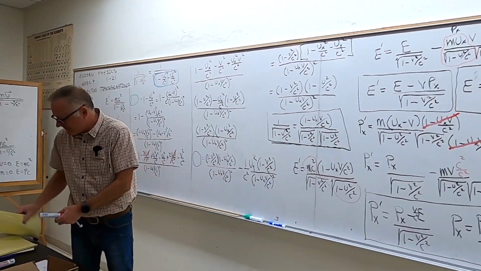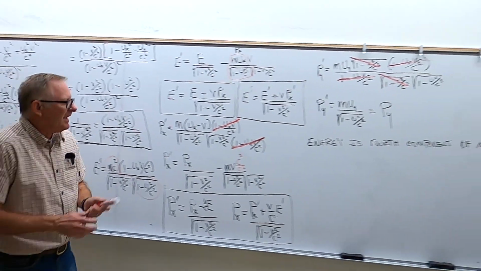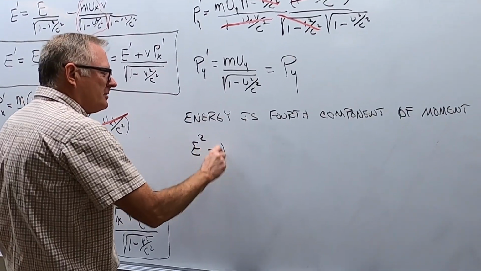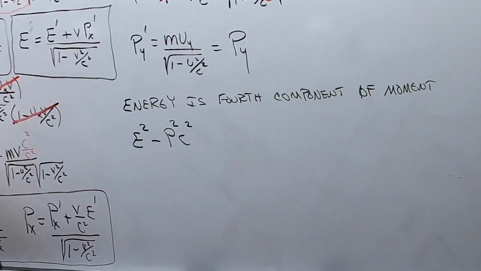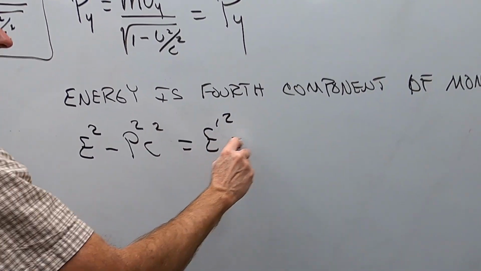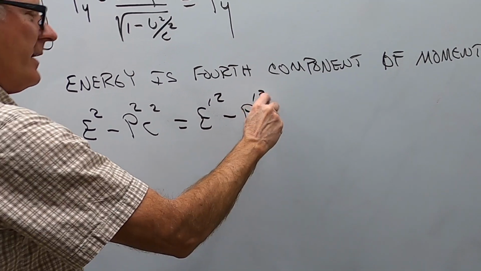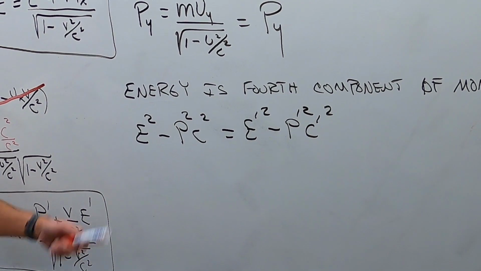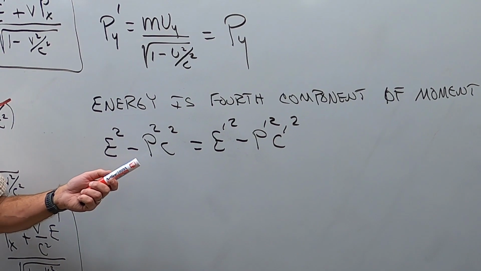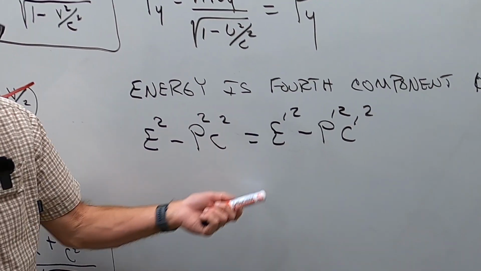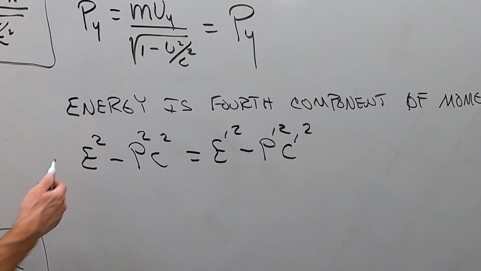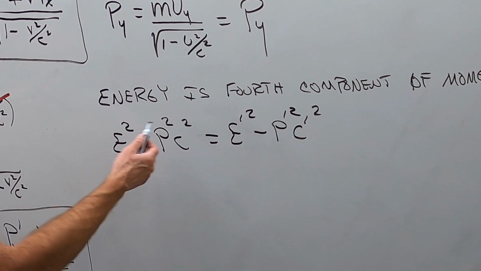Not only that, we can also say that E squared minus P squared c squared is going to equal E prime squared minus P prime squared c squared, just like we had it before when we said x squared minus c squared t squared is equal to x prime squared minus c squared t prime squared. So you get this same sort of invariant. Everyone would agree on that.